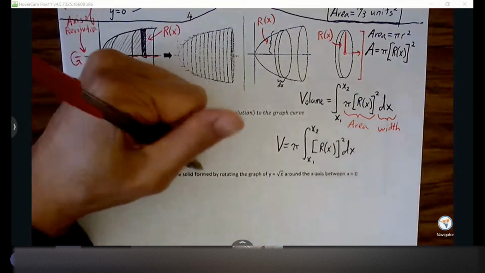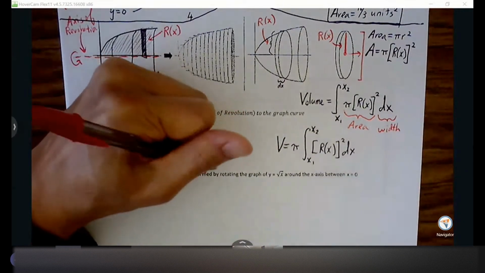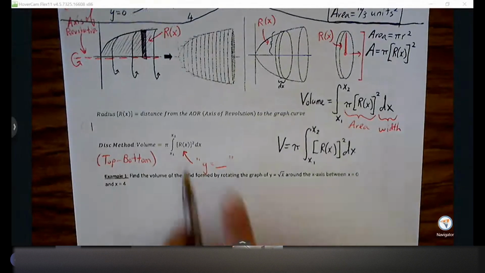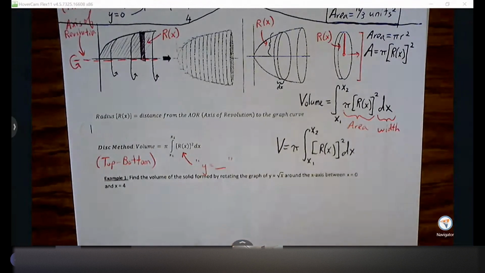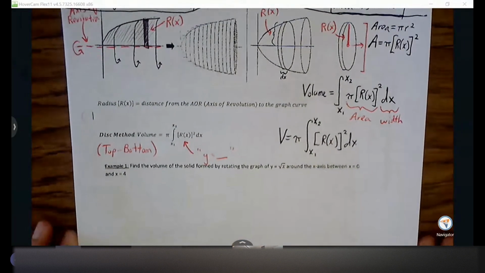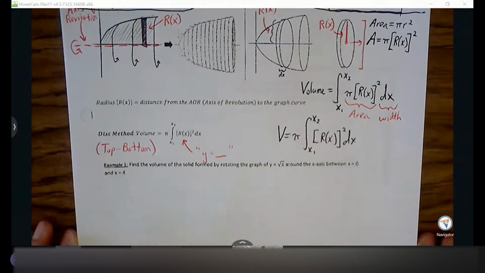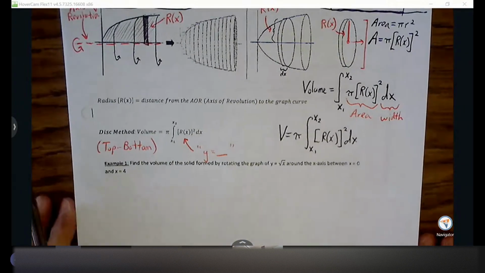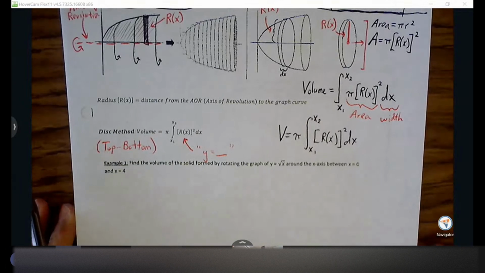R of x has to be in the form of y equals. So a lot of these similarities that we've explored with area are going to just carry down. We just have a slight adjustment with the formula that we're inserting in, but for the most part, we're carrying a lot of our area information down to our volume as well.